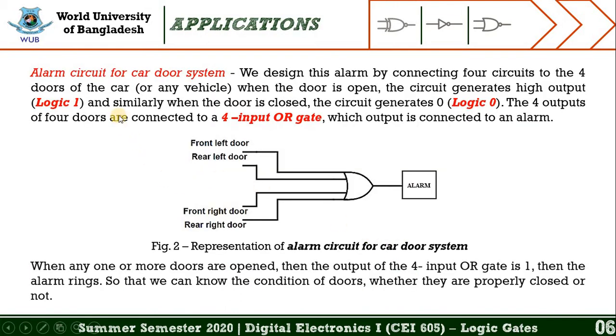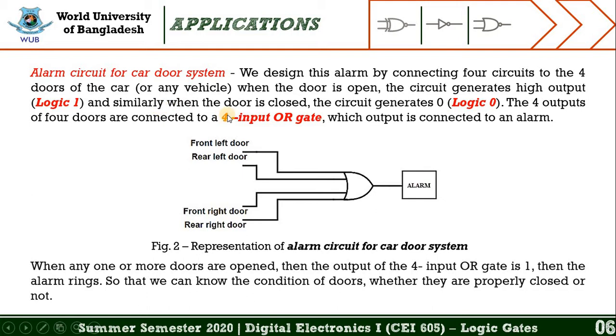Now from this slide you may learn an application of the OR gate. Alarm circuit for a car door system. We design this alarm by connecting 4 circuits to the 4 doors of the car or any vehicle. When a door is open, the circuit generates high output, which means logic 1.